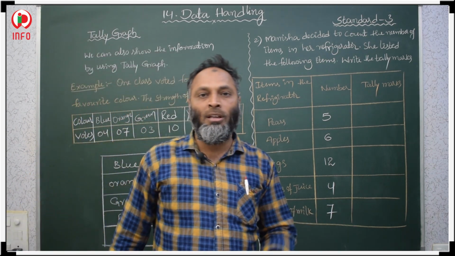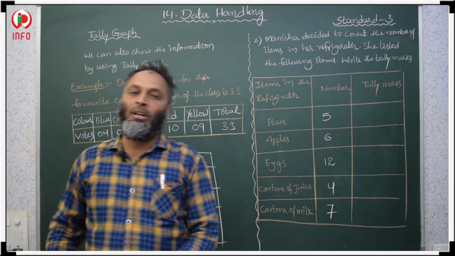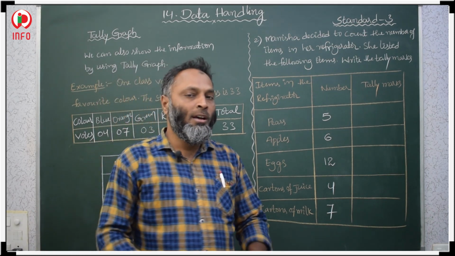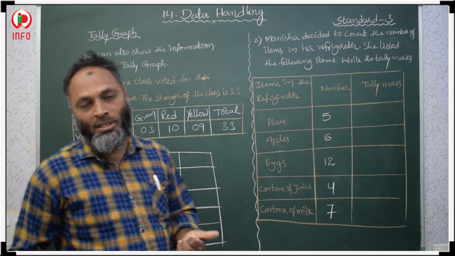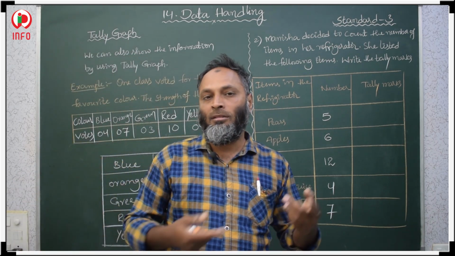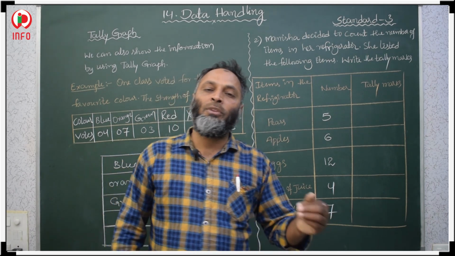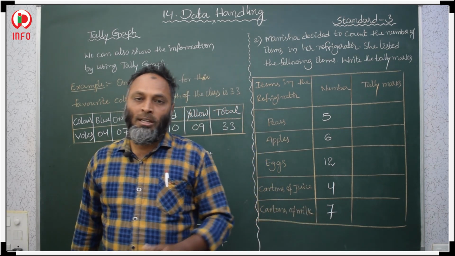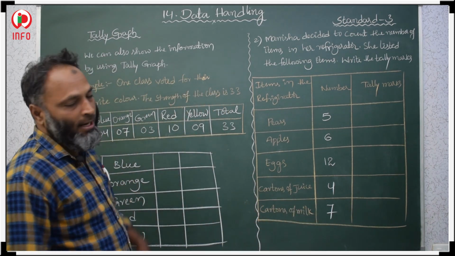And how to represent the given data using a tally graph? That we are going to discuss now. First we discussed how to represent data using a bar graph, and also using a pictograph. The data we can also express using a tally graph.